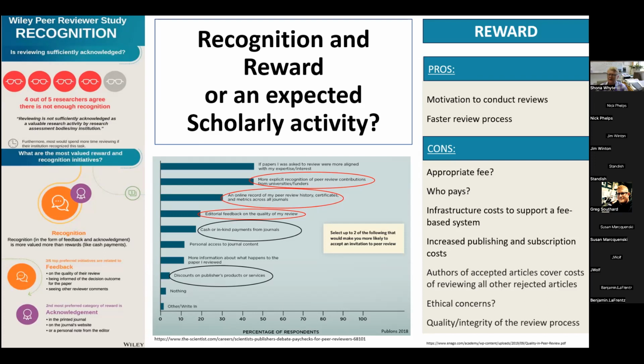But then we get into the murky area of ethical concerns and introduction of bias. Where does the fee come from? Who would pay for it? It would likely be transferred back to the authors in increased publication costs and subscription fees. And then would it affect the quality of the review? So all kinds of questions arise from that.